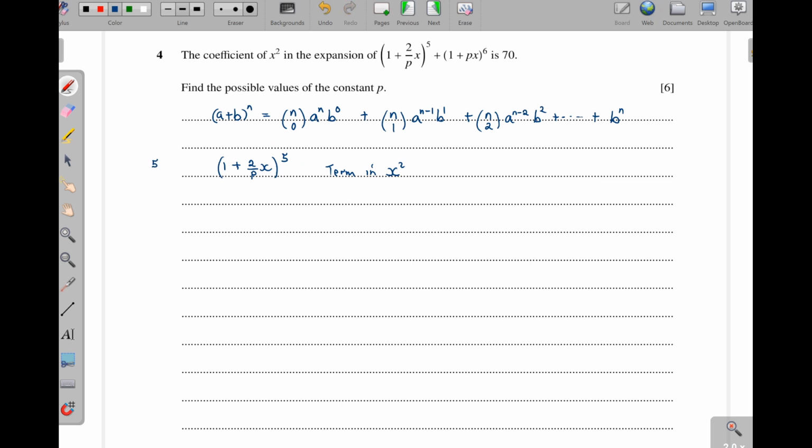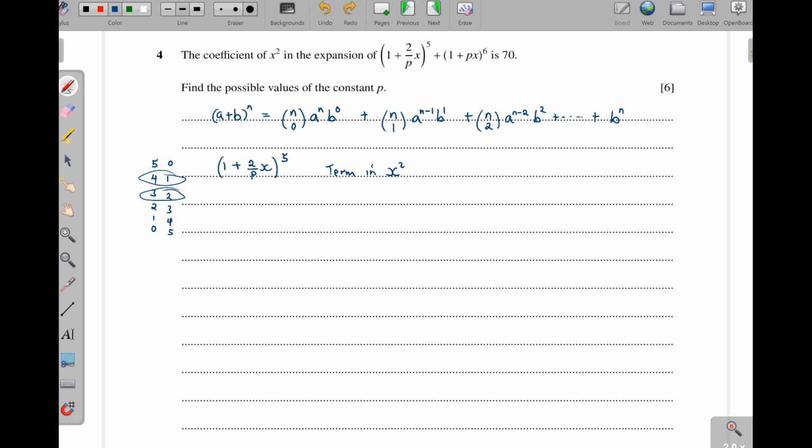The first term has this power of 5, just like you have n here, then goes on to this, you see. So we have 5, then 4, 3, 2, 1, 0, and then the second one begins from 0, then 1, you see. So we have 0, 1, 2, 3, 4, and then 5. So when you look at these pairs, they all add up to the n, which is given here, the 5.